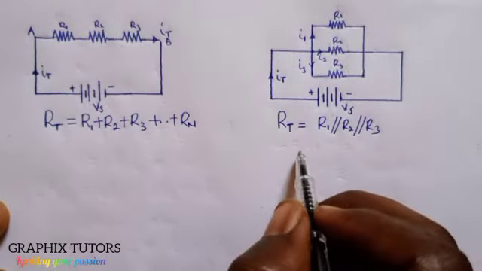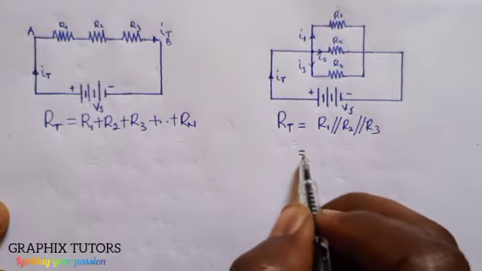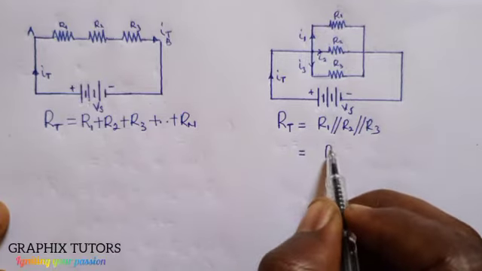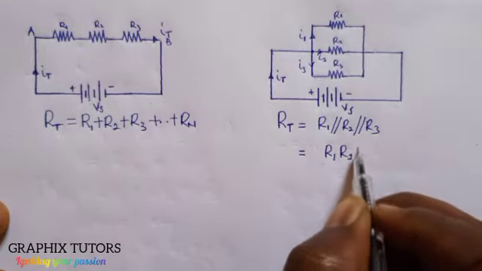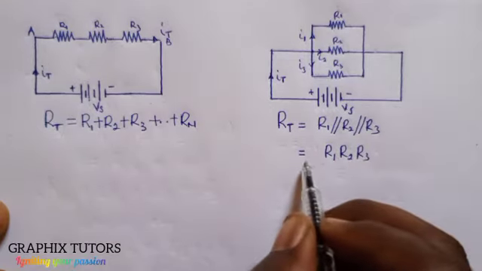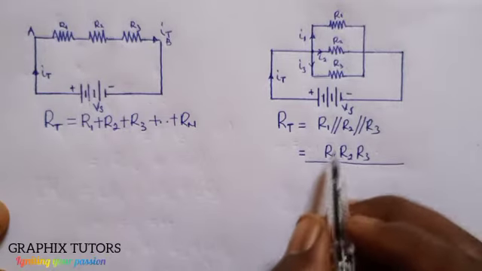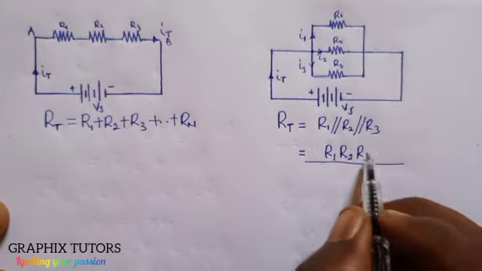Now if I want to put it in my formula here, we are going to say that you multiply the three resistors R1, R2, and R3, all over, and you take two at a time.